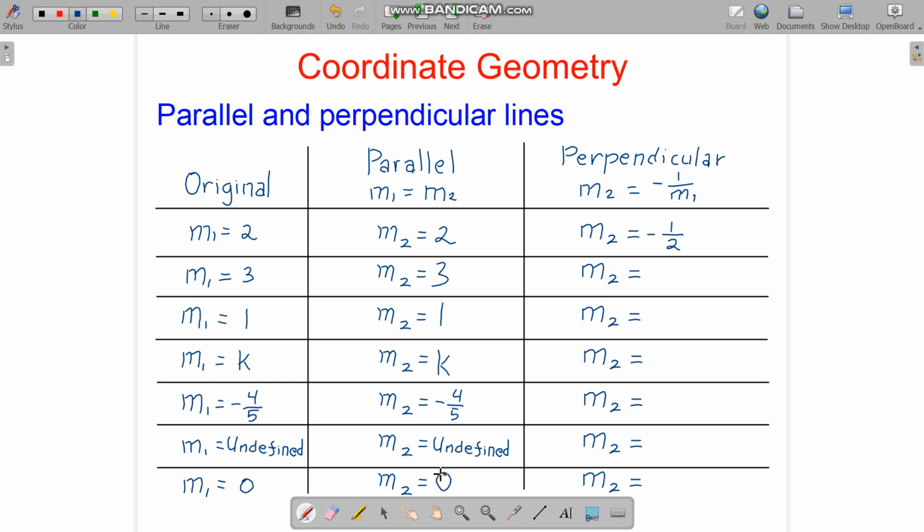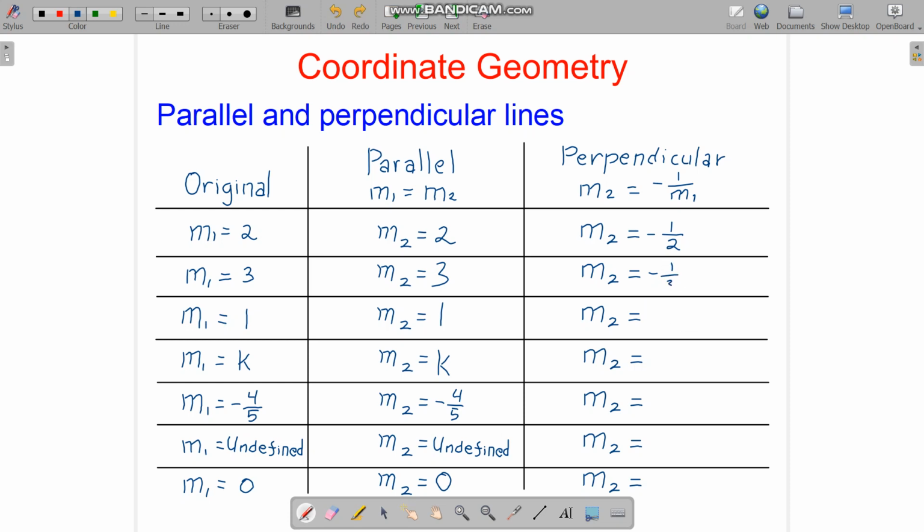For perpendicular lines, it's got to be the opposite. So if this original gradient is 3, the other gradient must be the opposite sign and the reciprocal, 1 over 3. So for positive 3, the pair is minus 1 over 3.